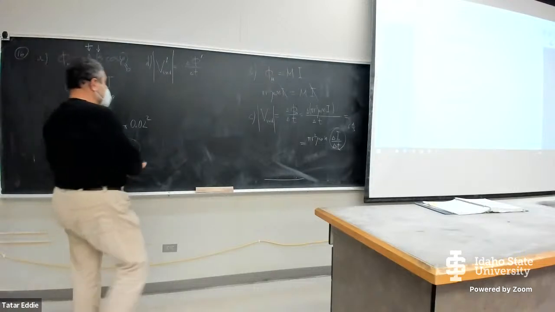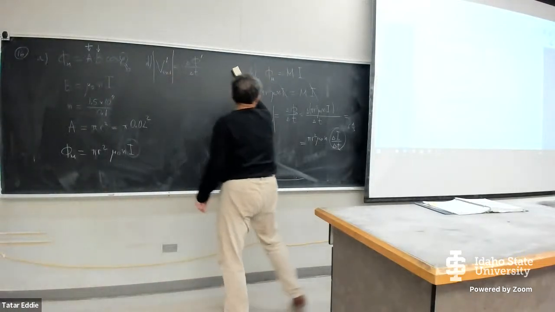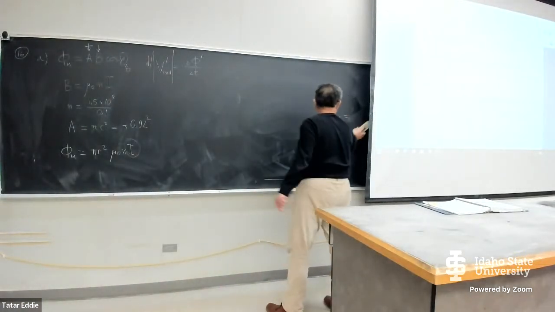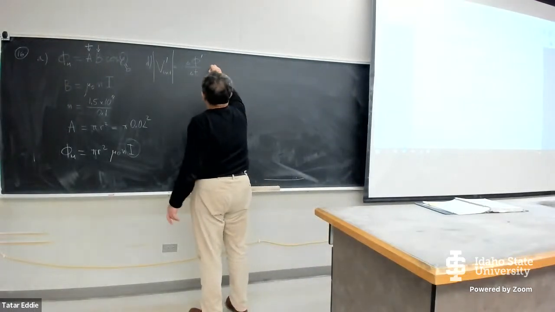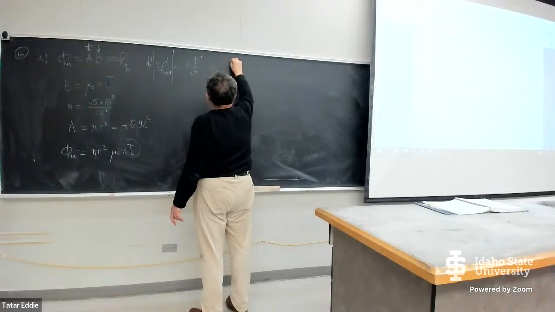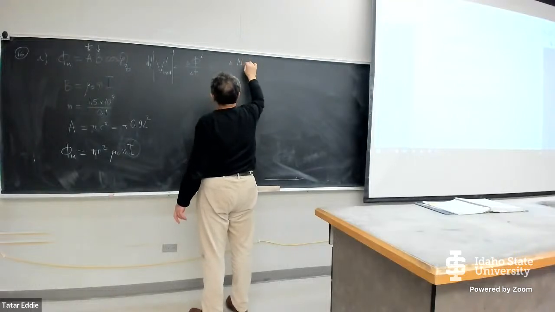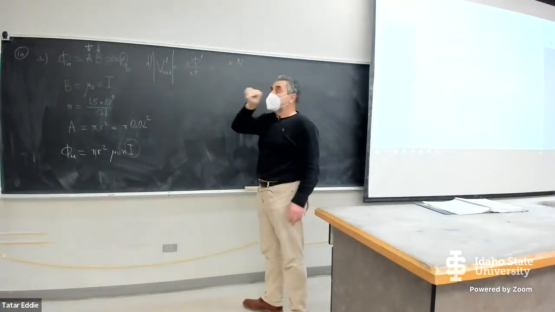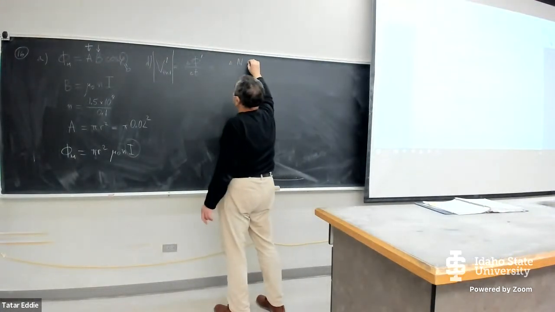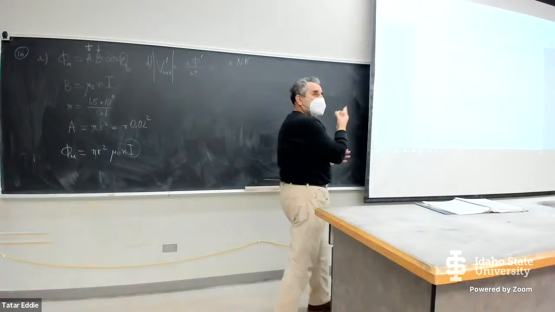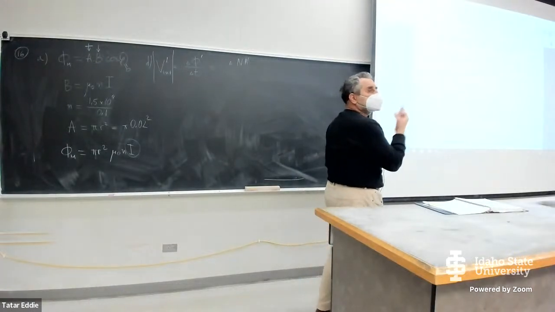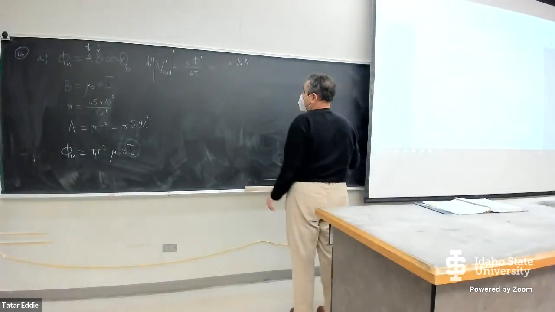And the magnetic flux through the solenoid is going to be equal to the total number of turns of this solenoid, multiplied by the area of this solenoid A prime, the circular cross-sectional area A prime.